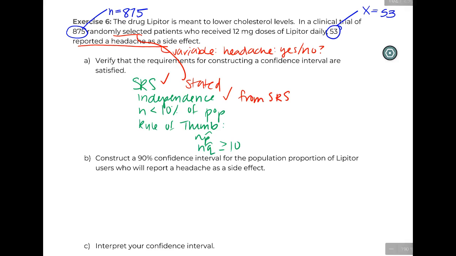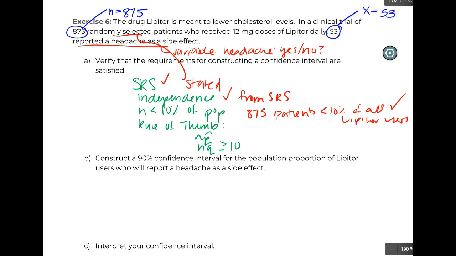If we are randomly selecting these people, one patient having a headache should not influence the next randomly selected patient having a headache. N is less than 10% of the population, so that's saying that 875 patients is less than 10% of all Lipitor users. This one we don't know, but let's go ahead and assume that this is true, because otherwise we cannot continue.